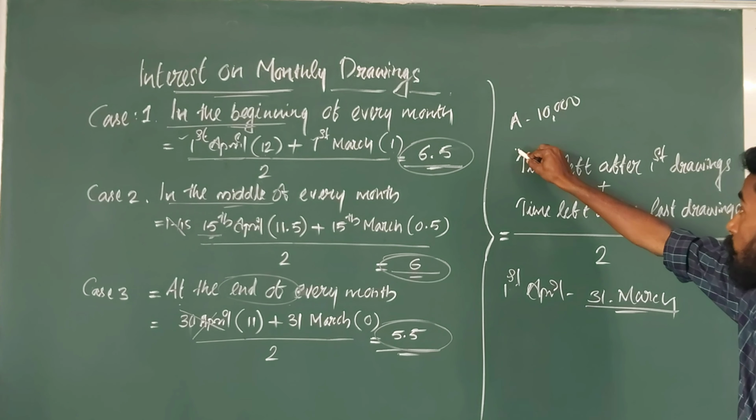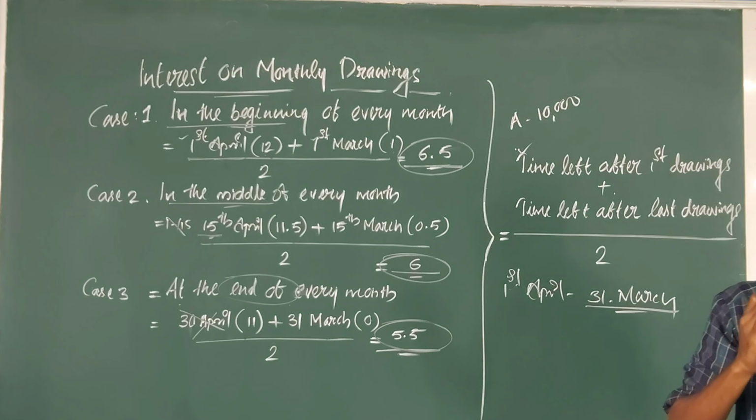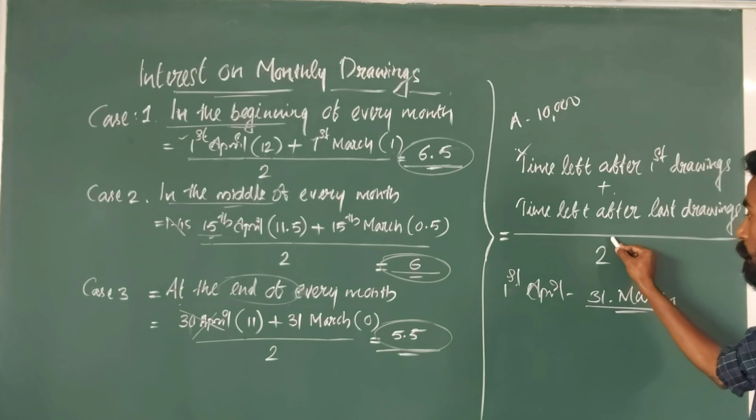Time left after first withdrawal plus time left after last withdrawal by 2. Is it clear? Is it okay? Fix it. This is not there in your textbook.